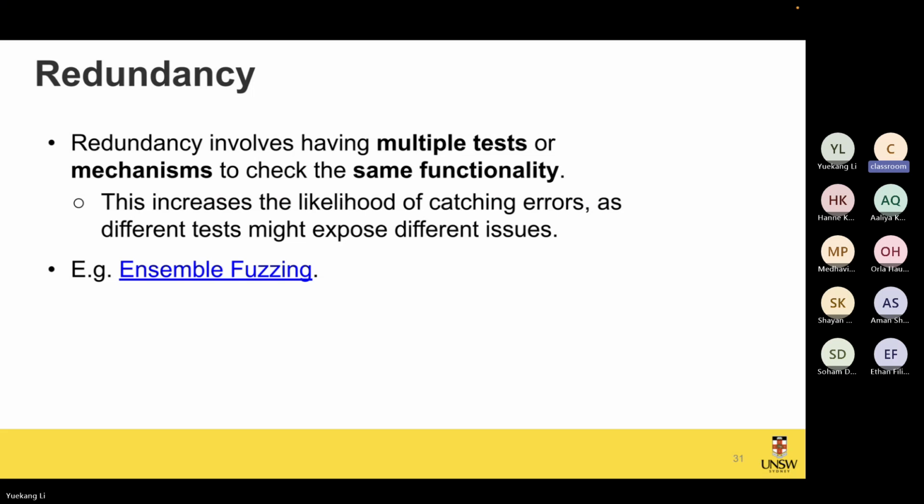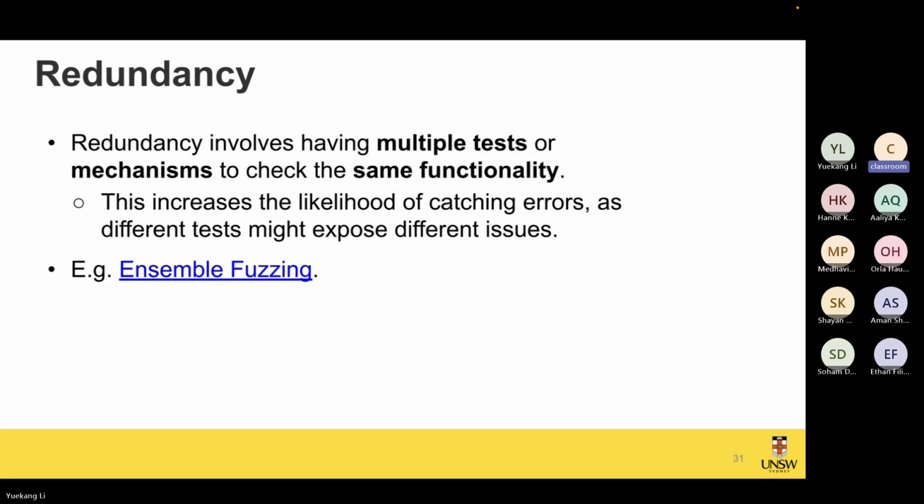The second principle is that sometimes we may need to have multiple different tests or multiple different testing mechanisms to test the same target, the same functionality. This can help us to increase the likelihood of catching these errors.